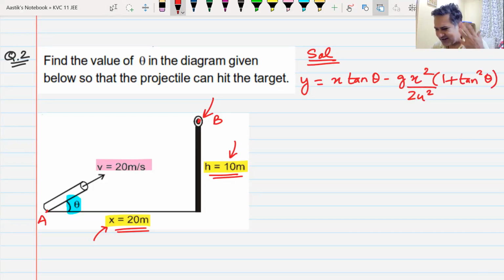I don't want to write tan theta every time, so instead of writing tan theta, let me write it as t. I just want to get the value of t. x or y are already used, so I've used t. So now I put the value of y. What is the value of y?